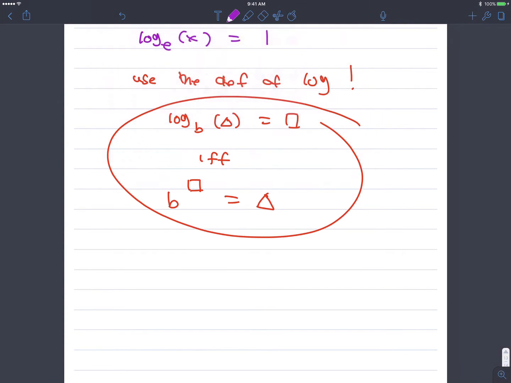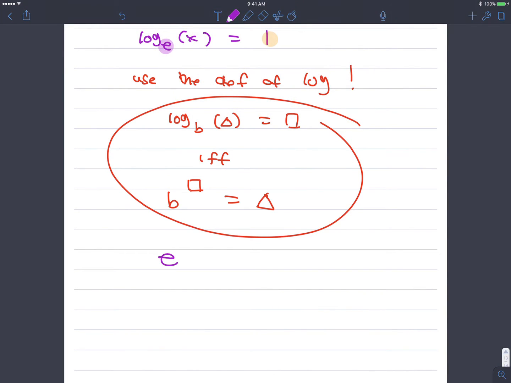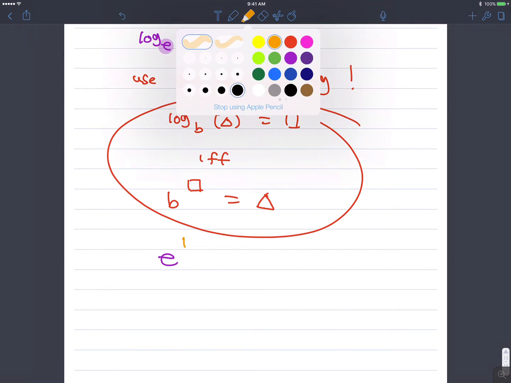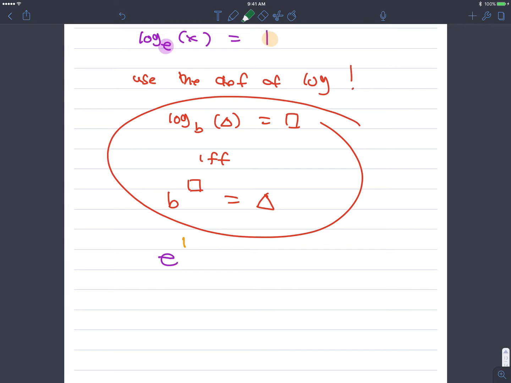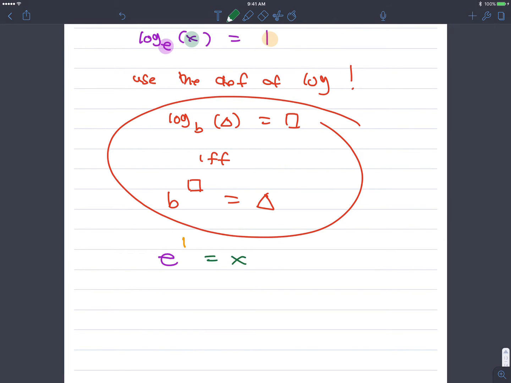So this means the base here is e. e to the first power equals x.